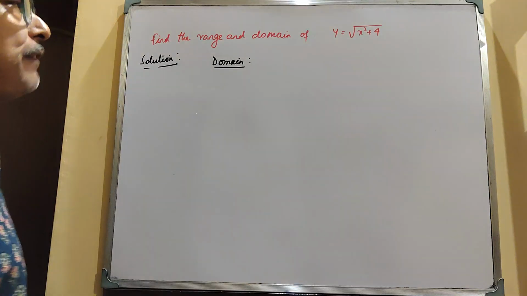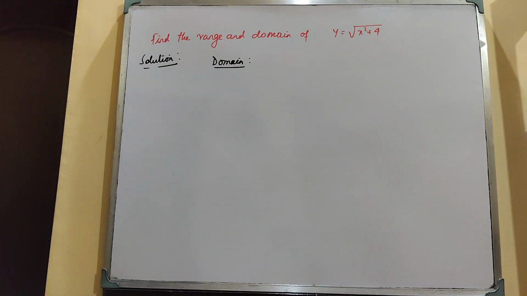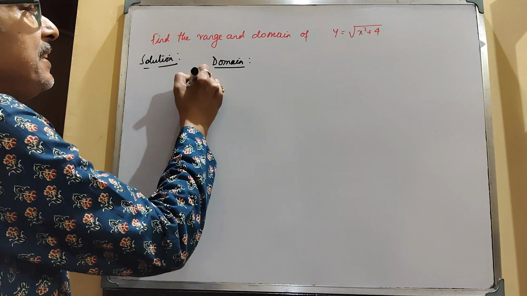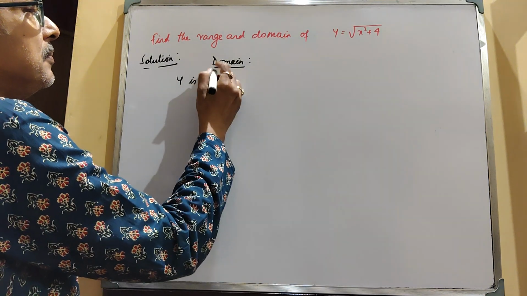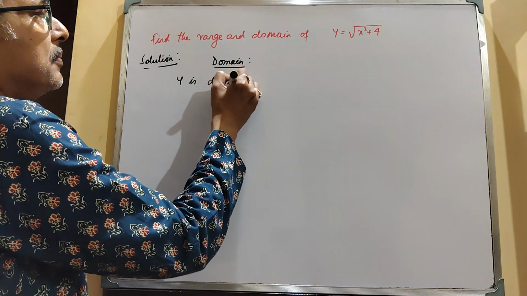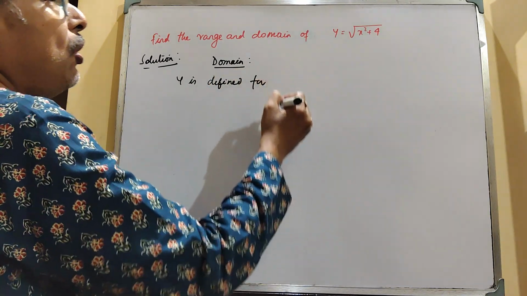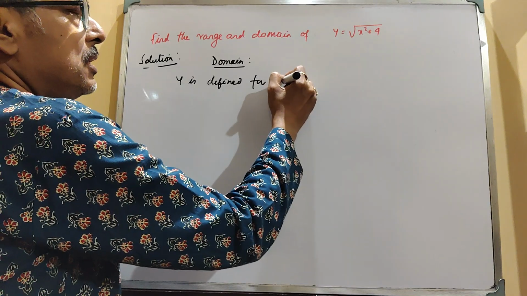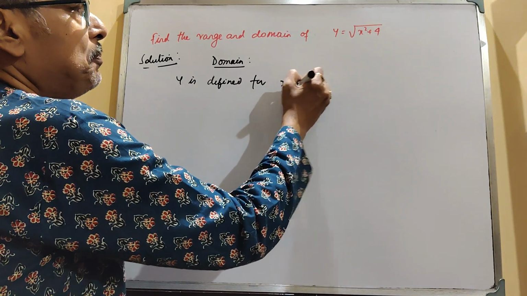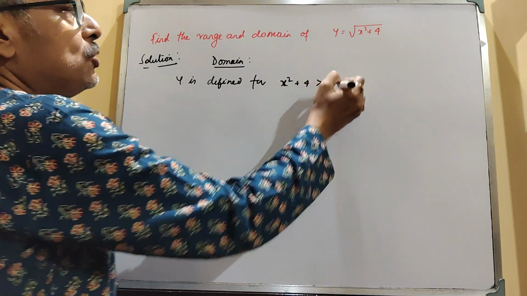The domain is the value of x for which the function y is defined. Now, y is defined for x square plus 4 greater than or equal to 0.